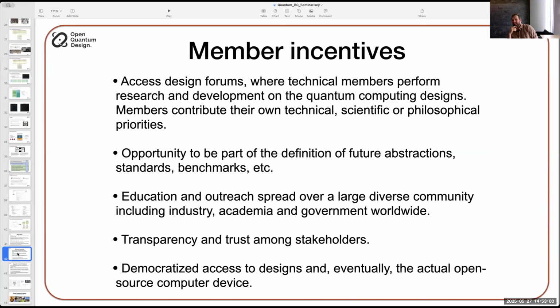I think the idea of education is a big one for us academics. We would love to have a working group that spans Canada to start with, which includes students. What those students, postdocs, and researchers would have access to is a bird's eye view of us designing this machine, but also access to the device in principle.